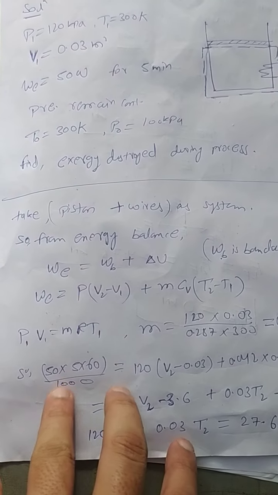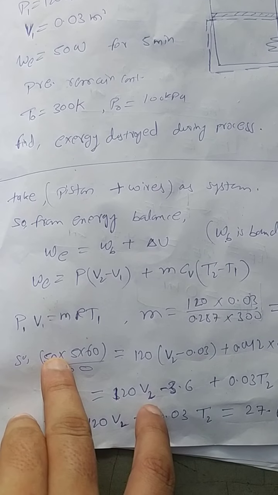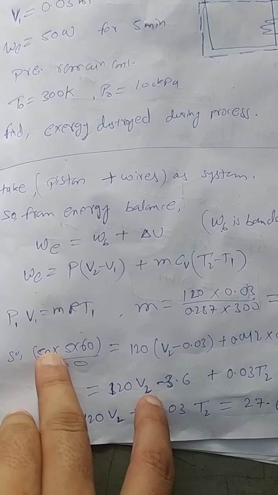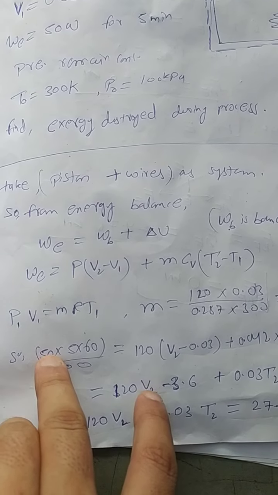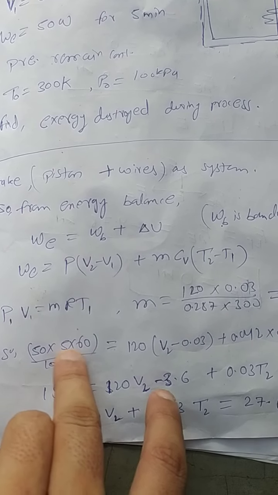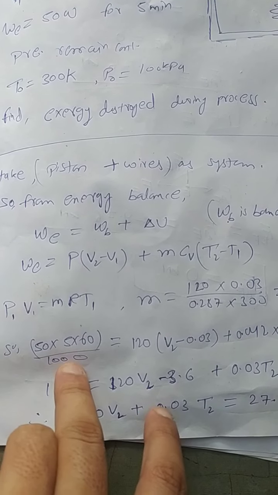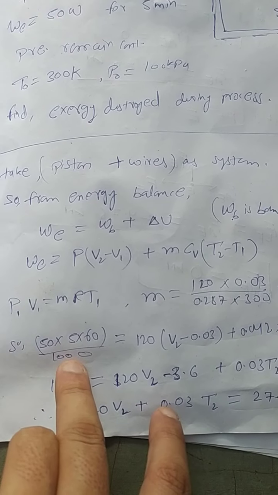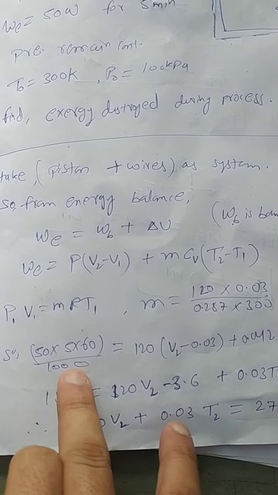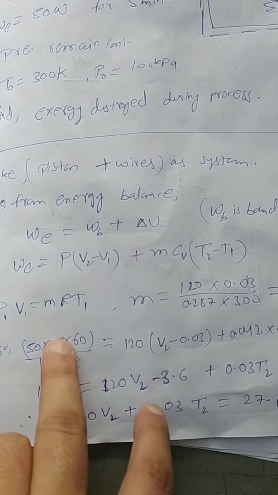So WE is in watt, so we have to calculate it in joule or kilojoule. Yeah, kilojoule is correct. So 50 watt into time in seconds, which would be 5 into 60, that is 300 seconds, divided by 1000, will give the value in kilojoule. So 15 comes out from this.